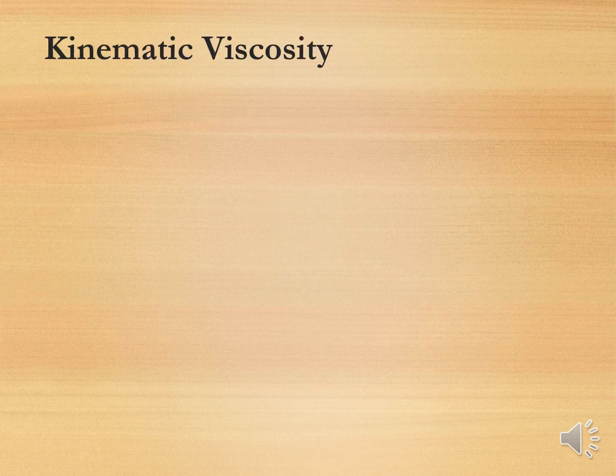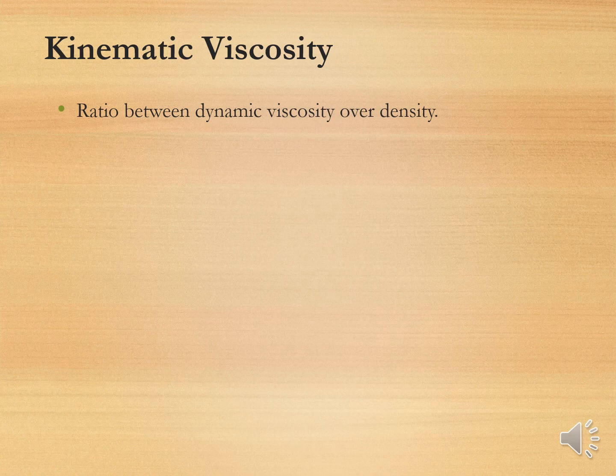Meanwhile, for the kinematic viscosity, it is much easier, in that it is just the ratio of dynamic viscosity over density. We already know how to determine the dynamic viscosity just now.